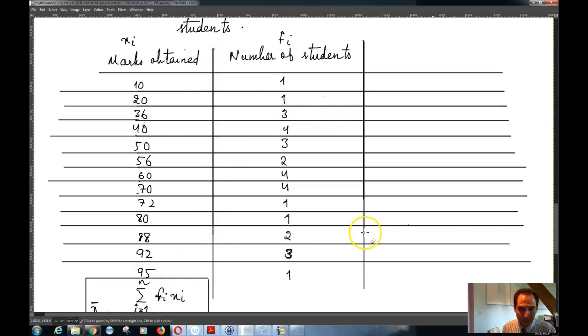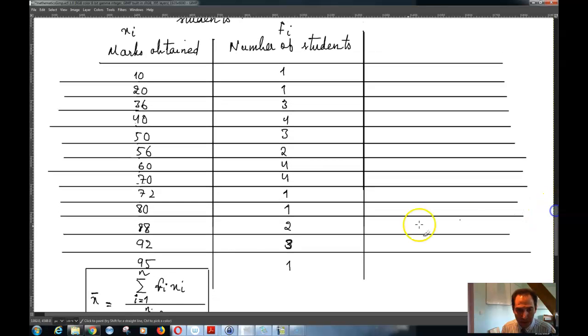So naturally what I need to calculate is f of i times x of i, and then add all of those products together. I write f of i times x of i here, which is this column times this column. That is 10, 20, and 36 times 3 is 108. 3 times 30 is 90, and that's 18, so 108.